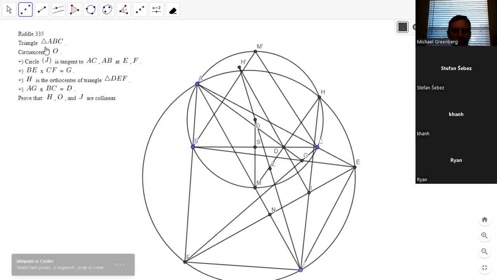Yeah, I think we really want to draw the center of this because L is the center.